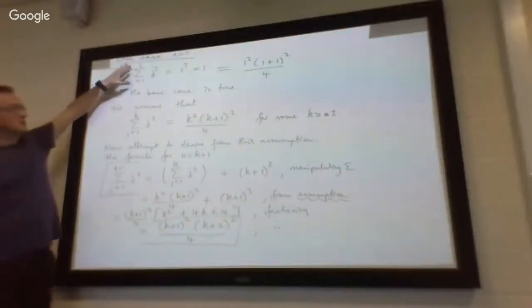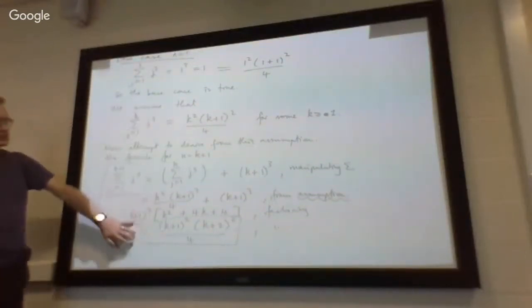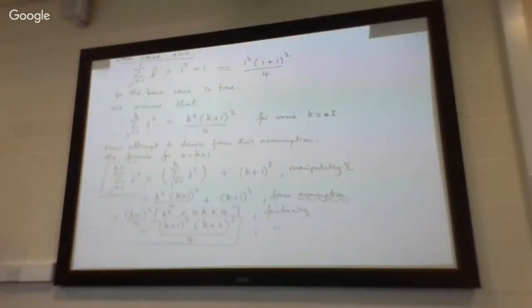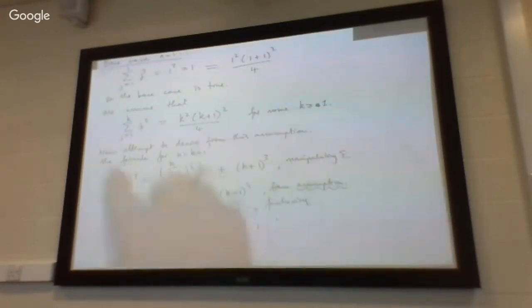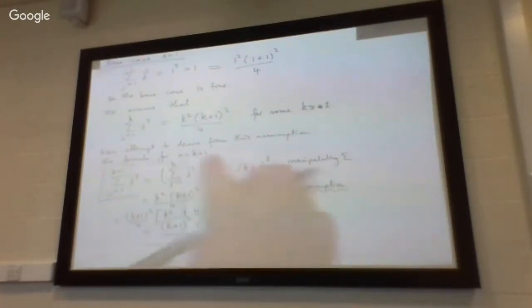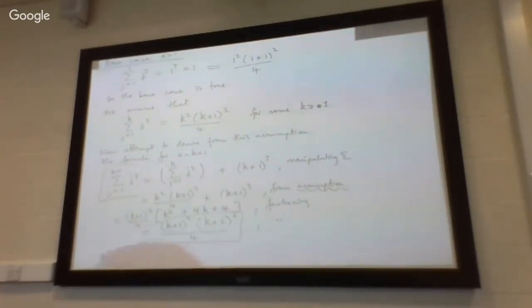And then you invoke the principle of induction. The fact that you've established the base case and proved the inductive step, the principle of induction then tells us that this result is going to be true for all positive integer values of the index n. So we attempt to derive from this assumption the formula for n equals k plus 1. This completes the derivation.